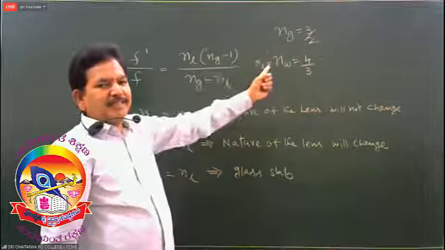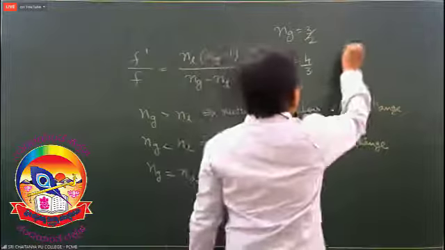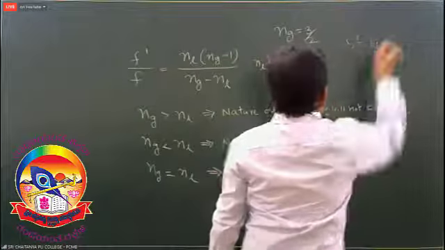Now the lens is dipped inside the water. Then what happens to the focal length? If we substitute NG as 3 by 2 and NL as 4 by 3 in this formula, then the focal length f dash is equal to 4f. The focal length increases by 4 times.